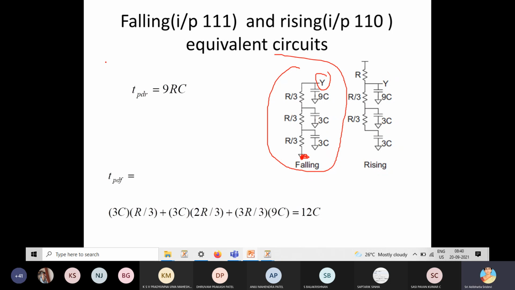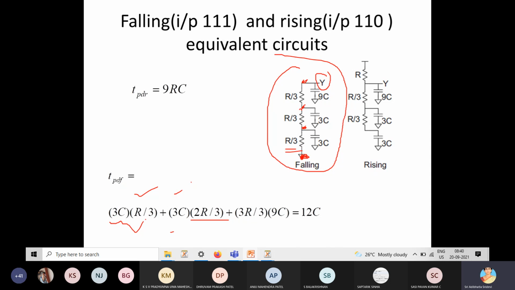So what's the formula? First, node 1 to source. What's the resistance? R by 3. So capacitance 3C. So 3C into R by 3, plus node 2 to source, R by 3 plus R by 3, 2R by 3 into 3C, plus node 3 to source.